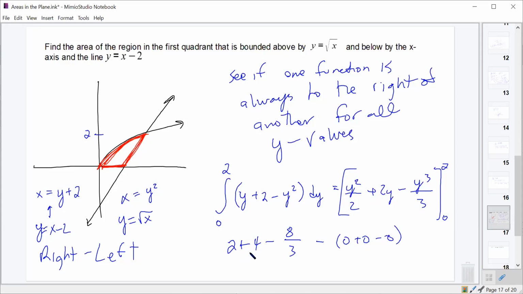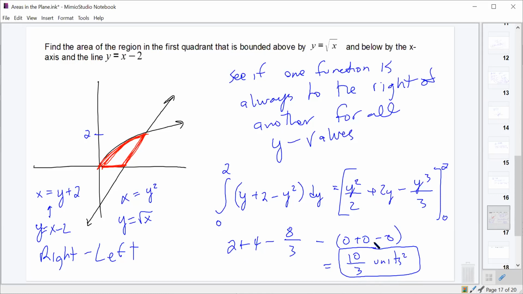And we got 6 minus 8 thirds. 6 is 18 thirds minus 8 thirds is, once more, just like yesterday, 10 thirds units squared. And now I promise we are finished with that problem. We will not do that problem anymore.